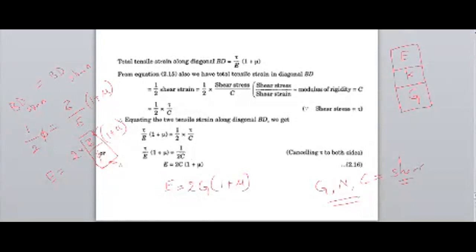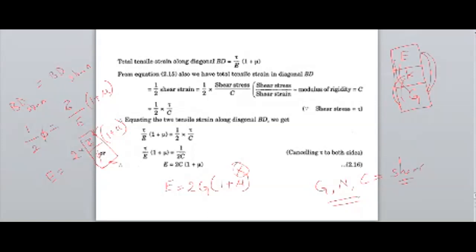So I need a relationship between these three without mu. I need to remove the mu, that is the Poisson ratio.